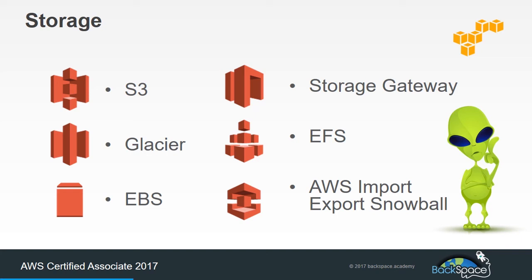You can upload your petabytes of data onto that Snowball device. You can send it back to AWS, and AWS will import that for you to whichever service you're looking at, for example, to Amazon S3 or to Glacier or whatever.